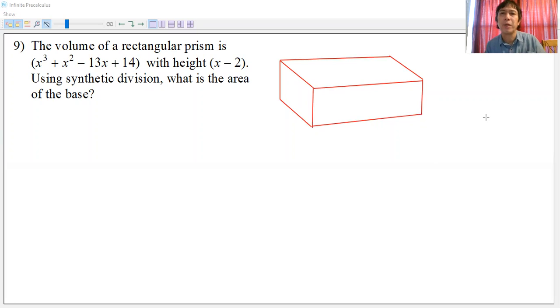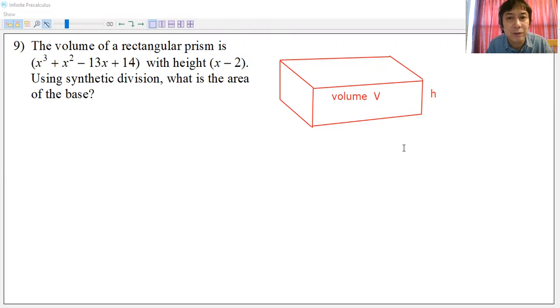So imagine this is your rectangular prism. Now, it has a volume, of course. It's a solid. So there is the volume here, volume V.